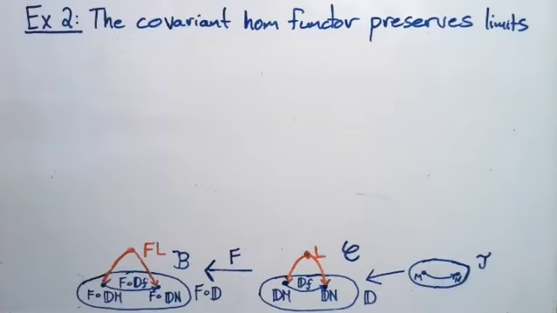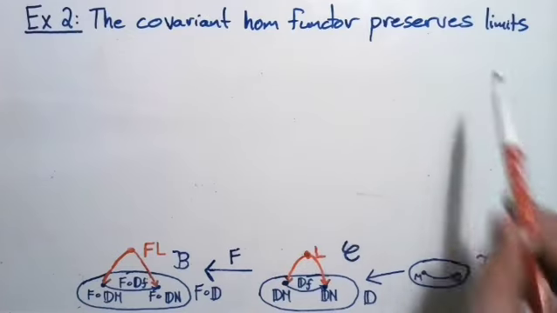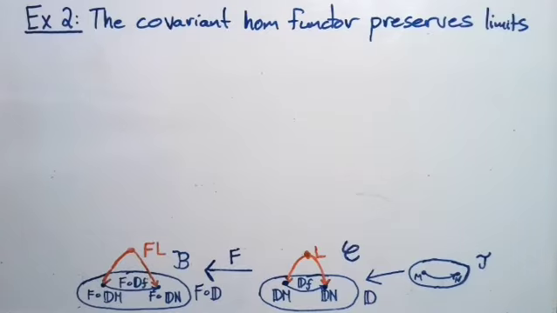For our second example, we need to show that the covariant hom functor preserves limits. So go ahead and pause the video and see if you can show that. This one is a little bit more difficult.